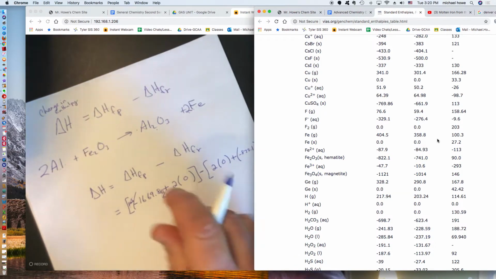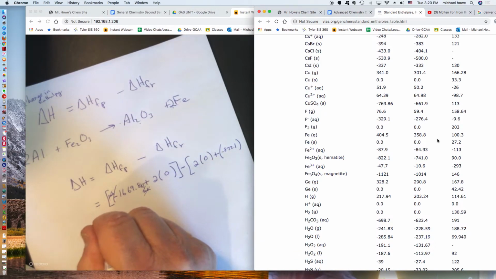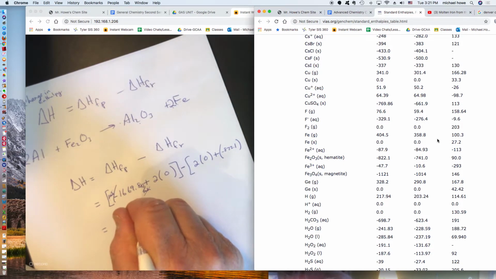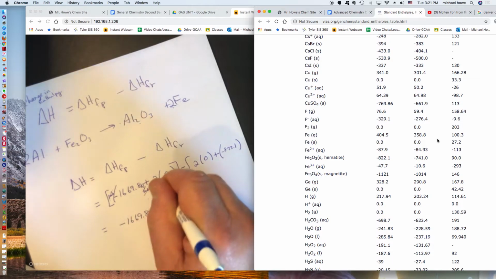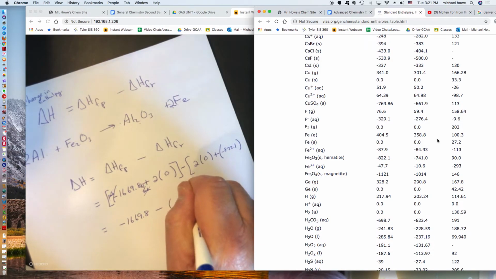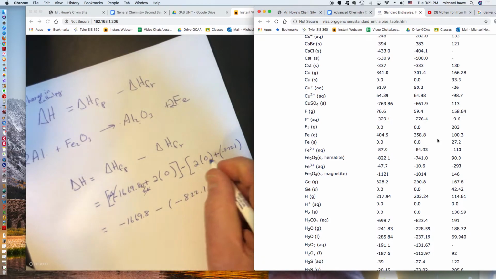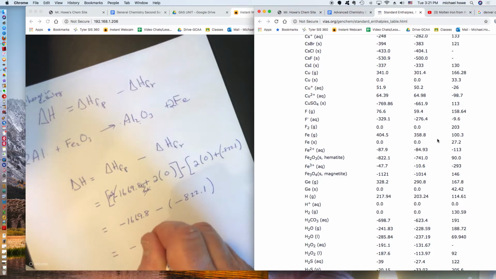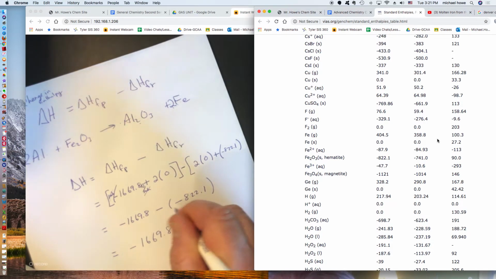All right, so what we really end up with then is 1 times negative 1669.8 plus 0 is just 0, minus a minus 822.1, because 2 times 0 is just 0. You need to know your mathematical operations. Minus a minus is a plus.